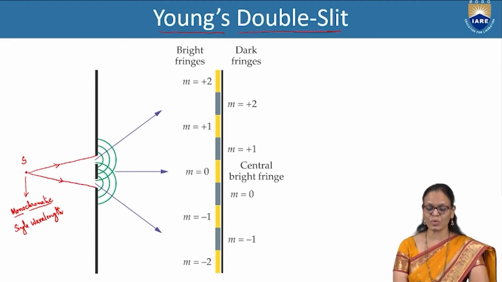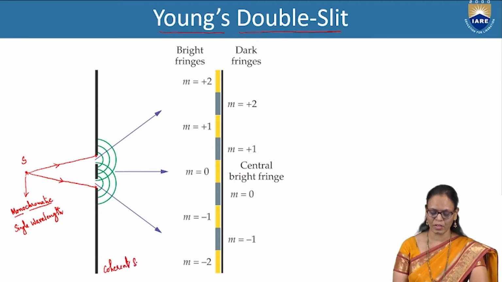Now, these two slits are placed equidistant from S, meaning the distance it travels from S to this slit and from S to the other slit is the same. Because they are equidistant, these two slits will become coherent sources.